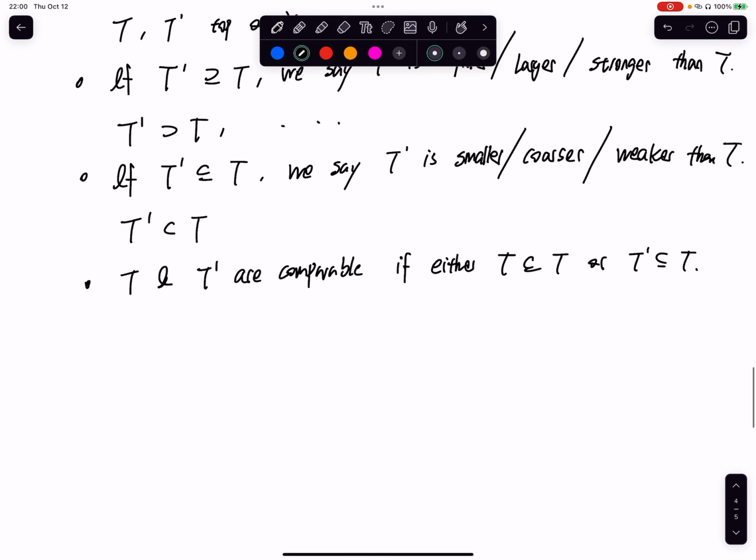So every metric space is automatically equipped with a topology. But there is a topology that comes from different metrics. So that is an example.